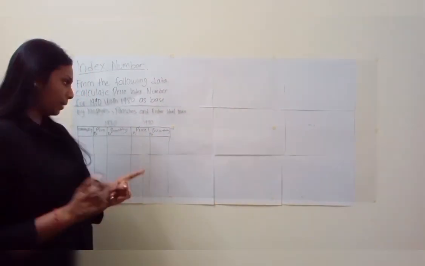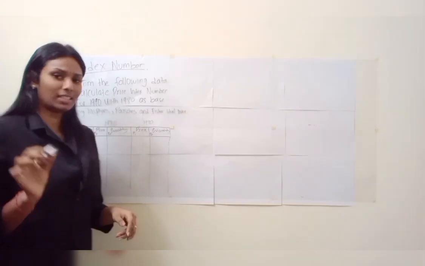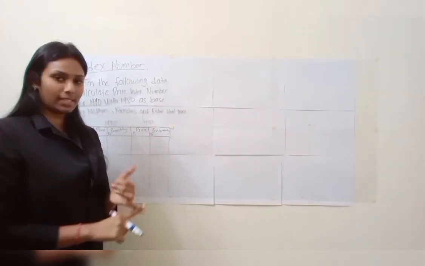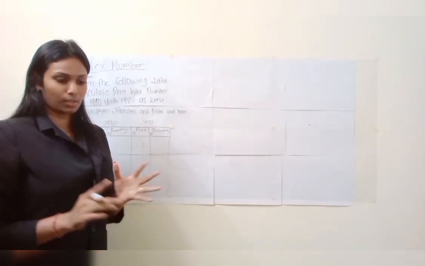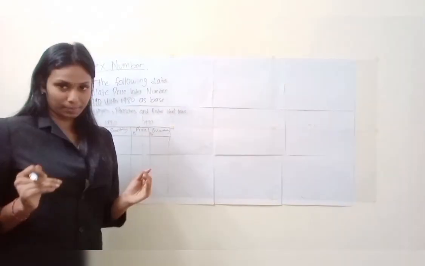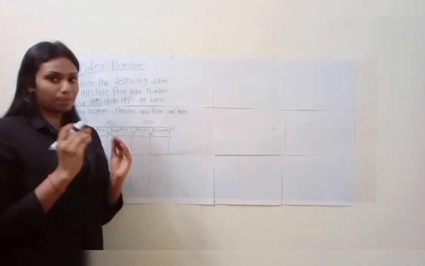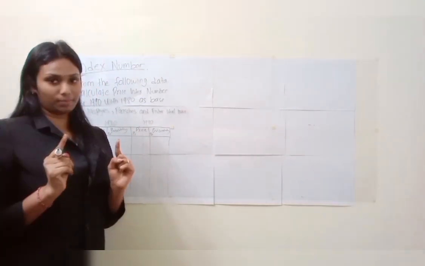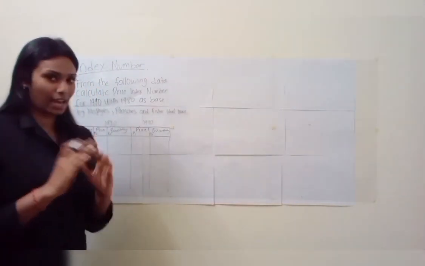First of all, I want to explain what the base year and current year are. The current period is the current year. The base period is the previous year. I want to clarify first.